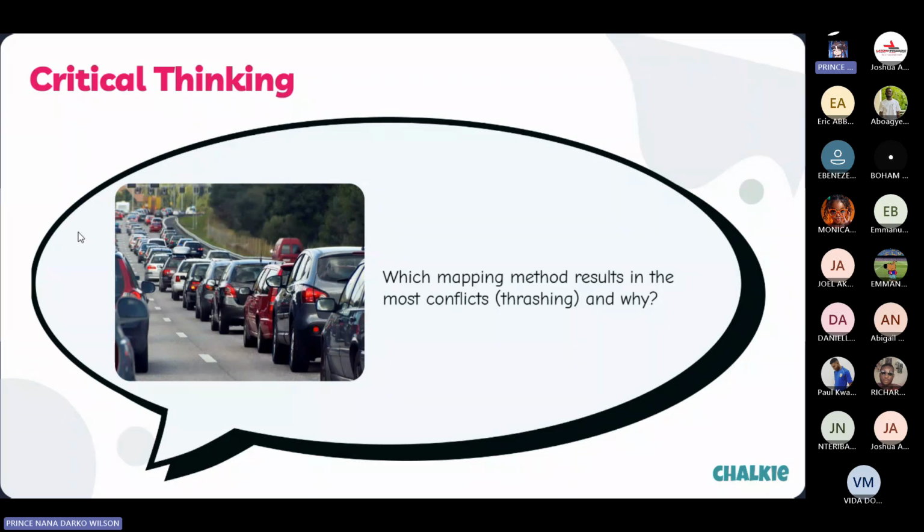Let's go back to the classroom analogy. Seat A is assigned to students 3 and 4. Student 3 and 4 come to the class, and student 3 comes first, he comes early, and he's seated on seat A. Student 4 also comes in. Let's assume students 4 and 3 have the same family political standing.